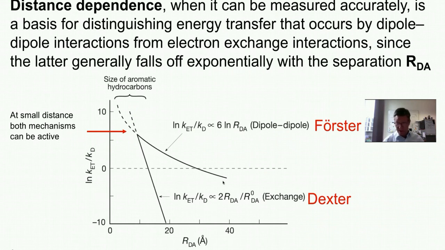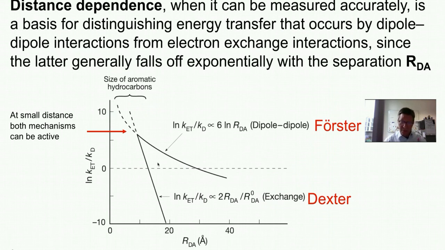For the Dexter mechanism, if you put the natural logarithm of the rate here, then it has a straight line. Now the beta actually tells you what the slope is. So if the beta is 0, then there's no slope. If your beta is very, very small, then this line can actually go like this, so that it is higher than the Förster mechanism.